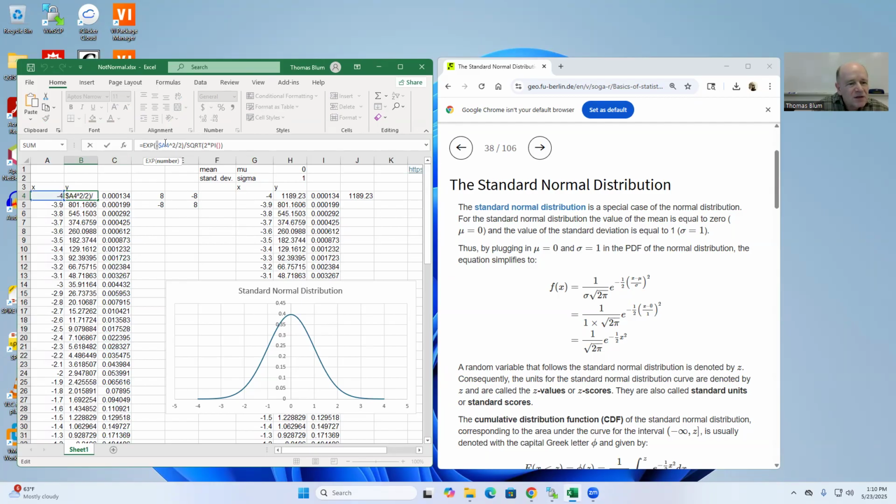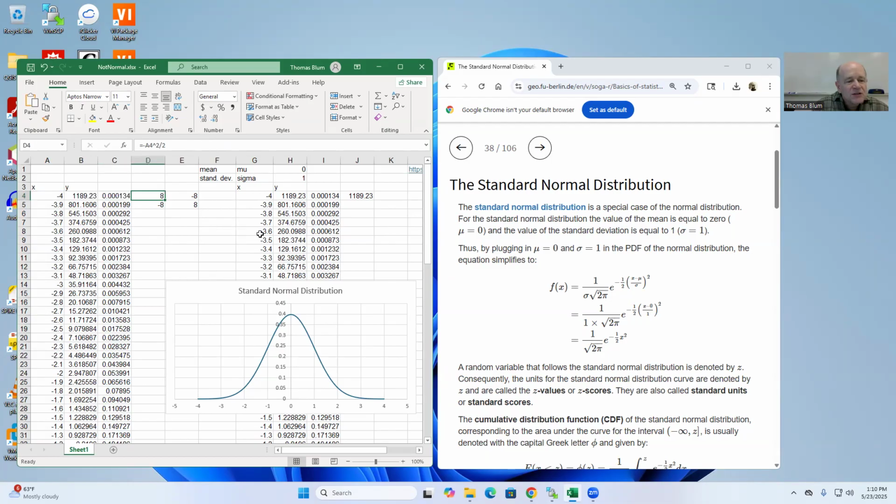So this A4 squared should always be positive, and then this should always be negative. So this should always be less than 1. And then divided by the square root of 2 pi, we're dividing by something bigger than 1. So it should always be less than 1, and it's not.